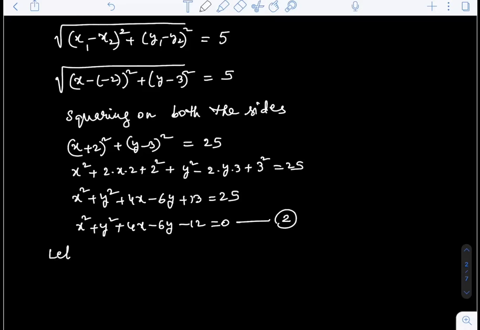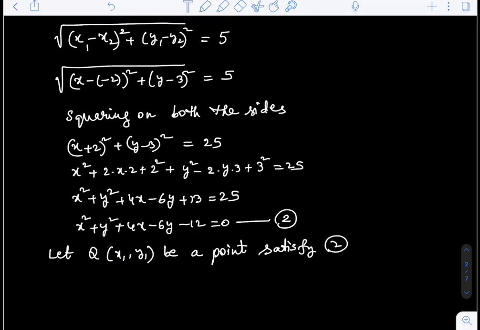That is, suppose let Q(x1, y1) be a point. That point satisfies this equation 2, means that point is lying on this plane, so that it should satisfy this given equation. Means wherever x is there, you should replace it with x1, here y1.